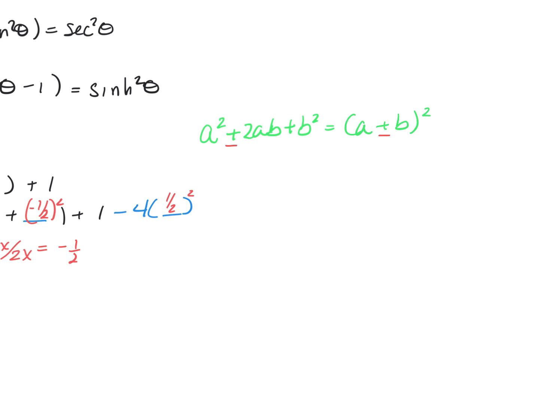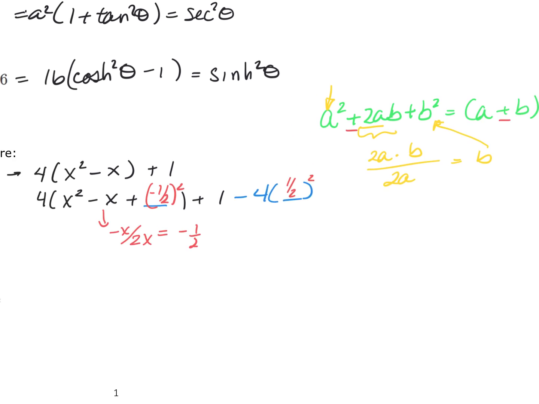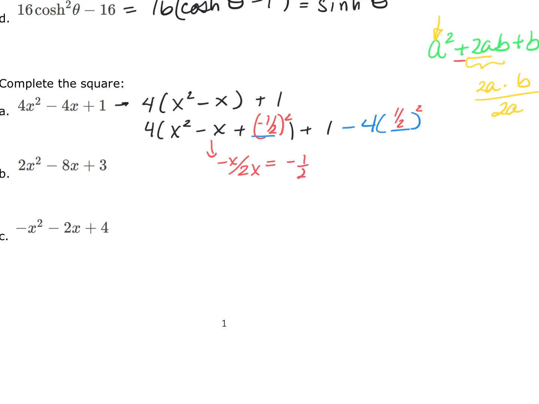So you can see structurally I have both a 2 and an a. The a is this variable, and I have 2a. So this middle term always needs to be 2a multiplied by whatever b is. If I divide this by 2a, I'm going to get b, and if I square it, I'm going to have b squared right there. So that's why I do that in my own little craziness.